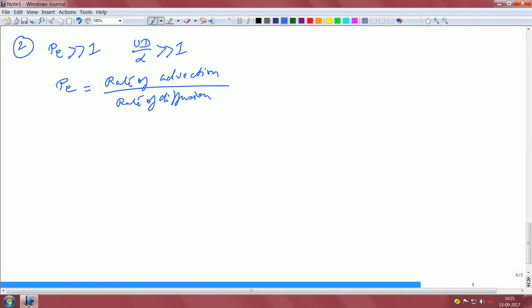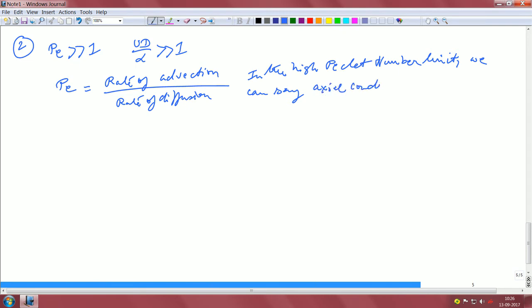So, in the high Peclet number limit, we can say that the axial conduction is very weak compared to axial convection.